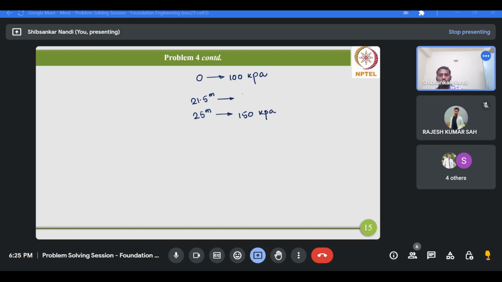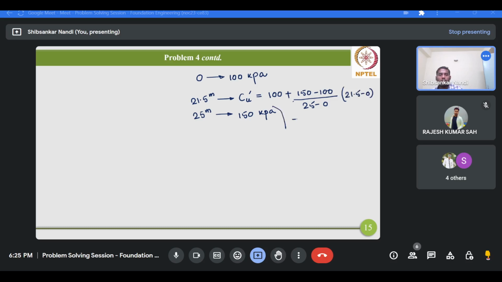This Cu prime will be 100 plus (150 minus 100) divided by (25 minus 0), multiplied by 21.5. This is the formula for interpolation.